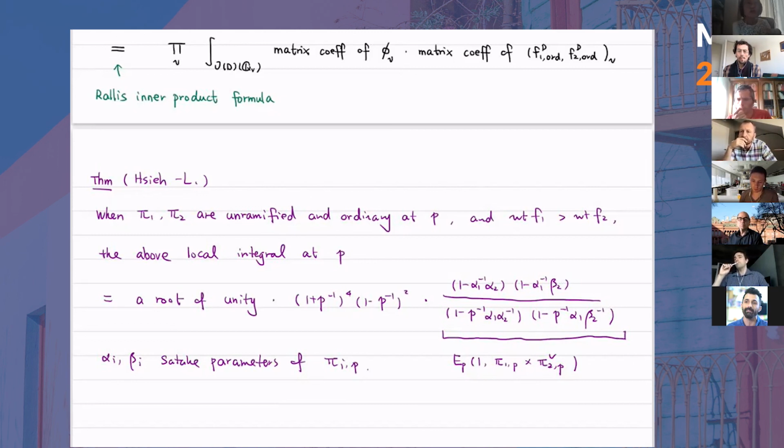So first you need to pick a nice form so that you can see what the numerator is. In the previous case, the form picked is the restriction of the Siegel-Eisenstein series from GSp8, and the one that shows up is the standard L-functions. So they need to assume some conditions, like the mod p non-vanishing of some values.